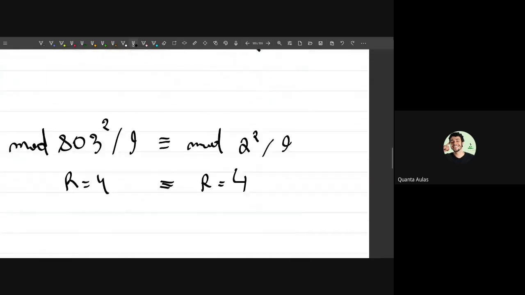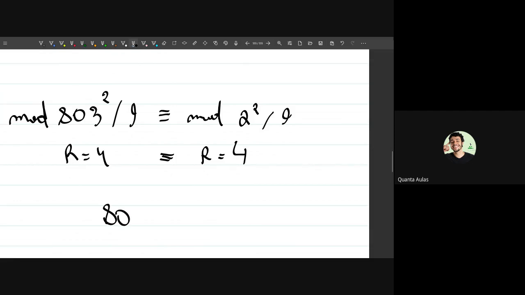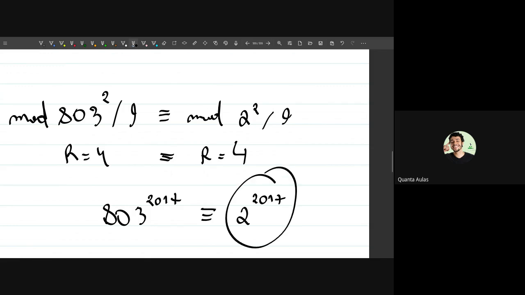So if we want 80, the remainder of 80 to the power of this, the remainder will be the same thing as the remainder of 2 to the power of 2017, right? But we don't know because this is a very big number. So how can we work with this?